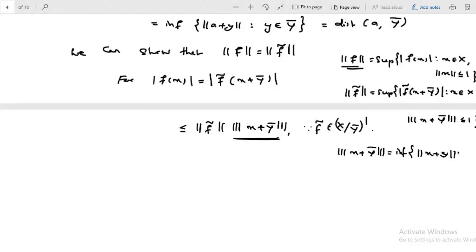So the elements lie in the subspace over which the infimum is taken. Here 0 is in the subspace y closure, so this collection includes norm x plus 0. And taking the infimum along with it, therefore it is less than or equal to norm x plus 0. That is, it is less than or equal to norm f tilde into norm x. Okay. Modulus f of x is less than or equal to norm f tilde and norm x.